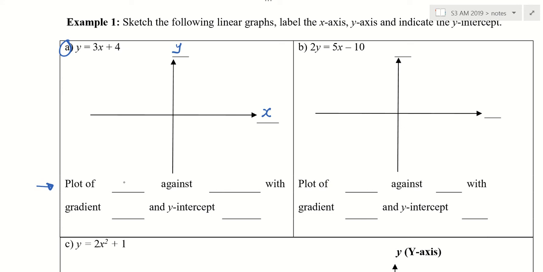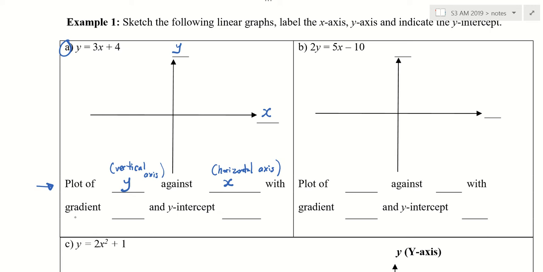It is always y against x. So you must know that it is always the vertical axis first, against the horizontal axis. In case you're wondering why we are going through this, the next part is closely linked to this, so you need to know this first.